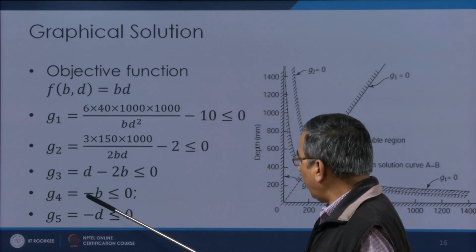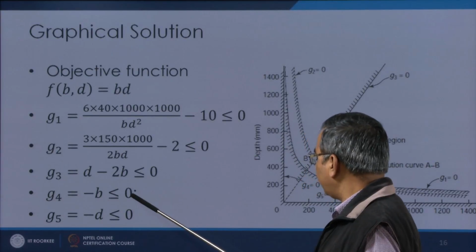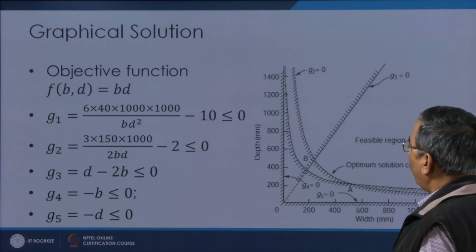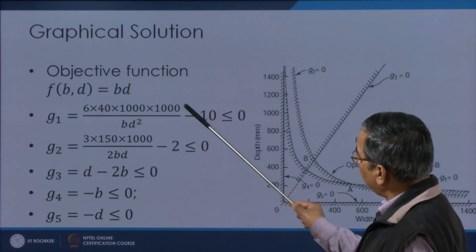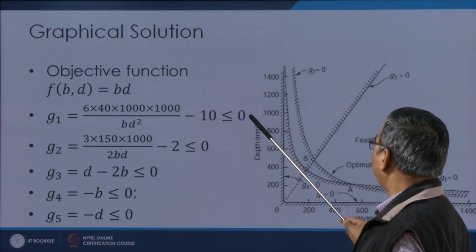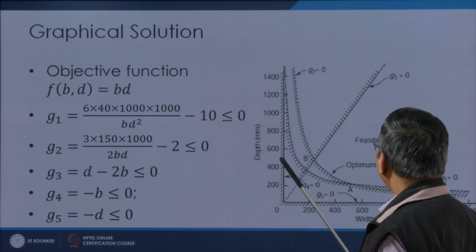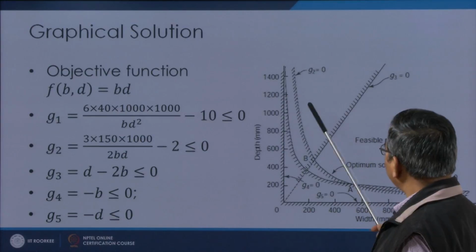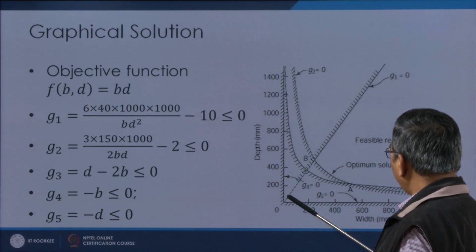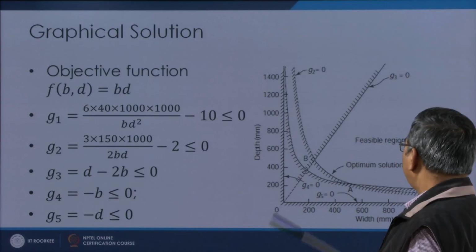And then we have minus B less than or equal to 0 and minus D less than or equal to 0. Now, remember we are emphasizing that this value should be less than or equal to 0. So, we are essentially interested in the region towards the 0 side.